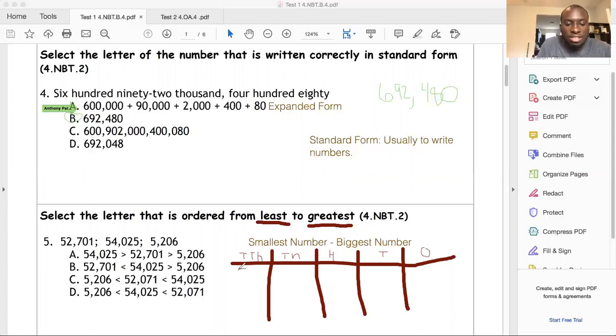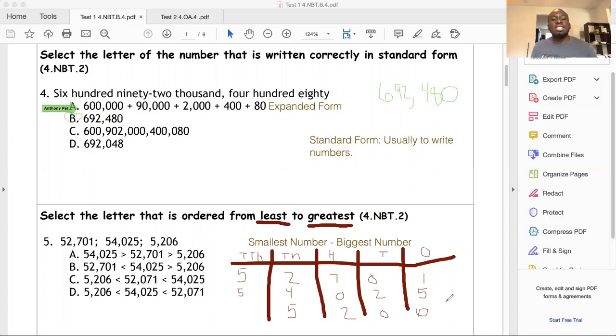So the first number is 52,701. The next is 54,025. And my last number is 5,206.